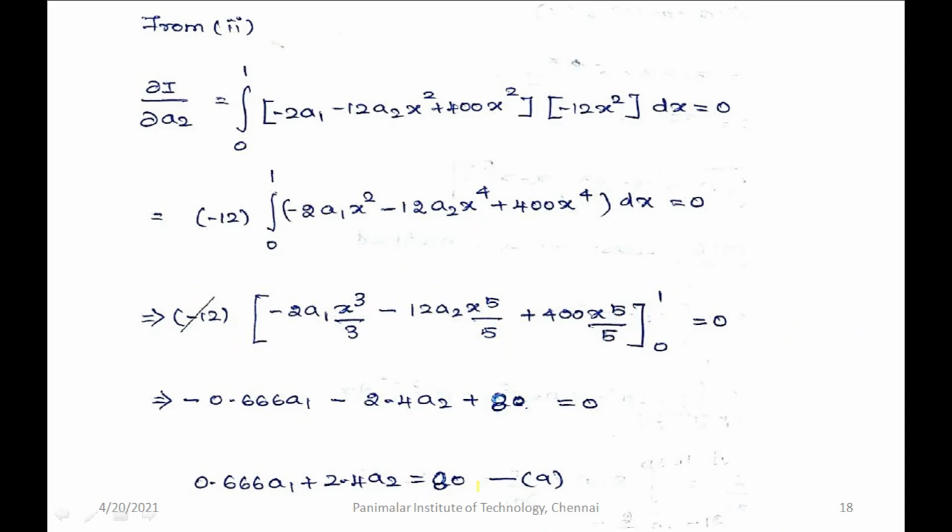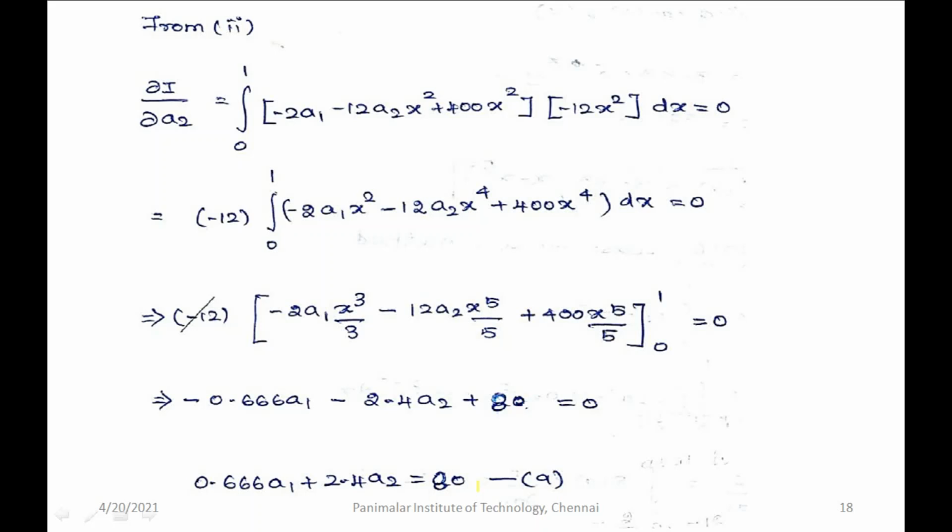Now we apply the limit 0 to 1. After applying the limit and simplifying, we can eliminate this minus 12 because the right hand side is 0, and consider only the remaining part. So the final expression is 0.666 a1 plus 2.4 a2 equal to 80.